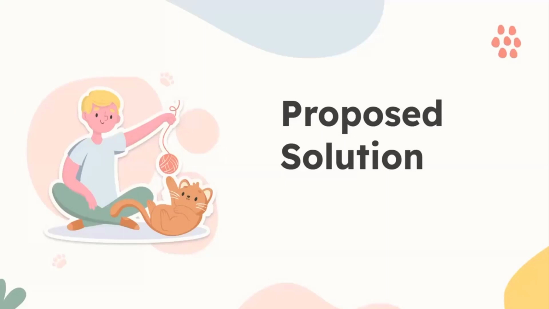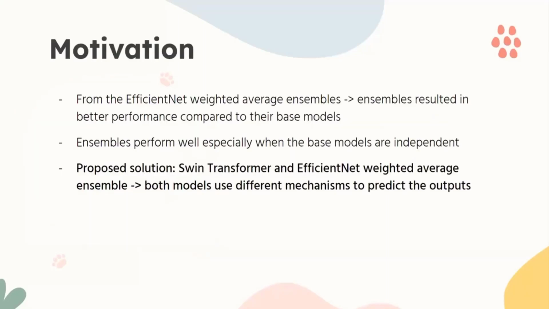Now, let's take a look at our proposed solution. From the EfficientNet weighted average ensembles, we observed that the ensembles resulted in better performance compared to their base models. Ensembles perform well, especially when the base models are independent. Hence, we experimented using a Swin Transformer and EfficientNet weighted average ensemble, since both models use different mechanisms to predict the outputs.